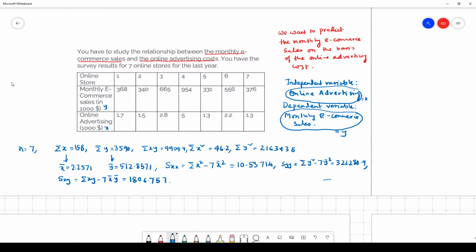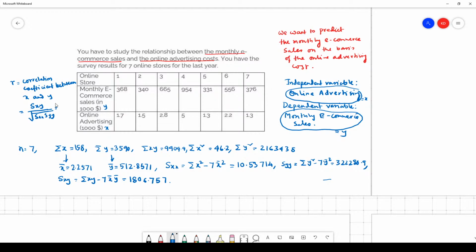So please tell me r, which is the correlation coefficient between x and y. This is equal to SXY by root over SSX times SYY.